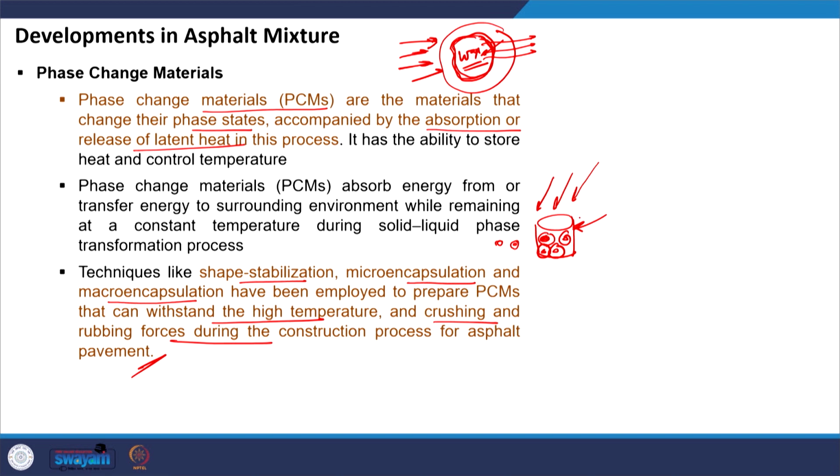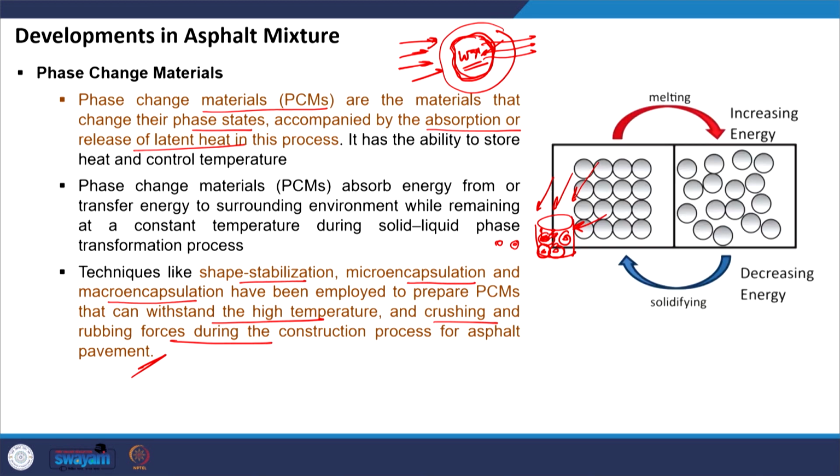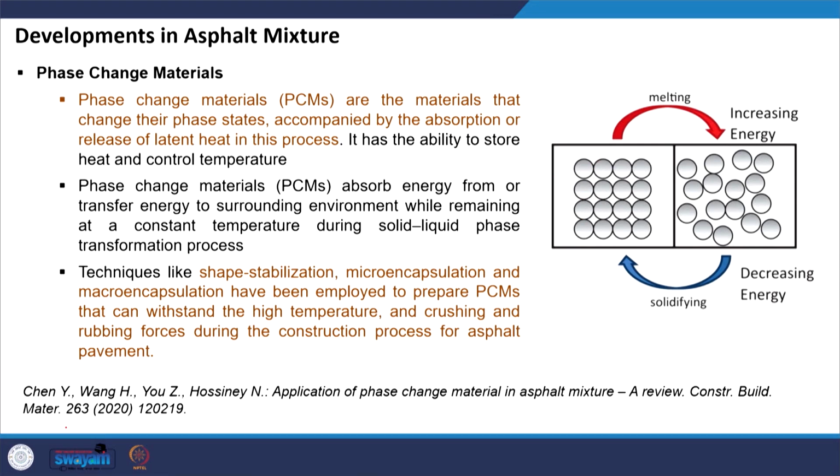And when the temperature is low, which means I want my pavement to be at a higher temperature, the phase will change again. So, the same material will release the heat, and the temperature of the mix will increase artificially. So, this is how PCMs work, and more details can be found in this particular paper.